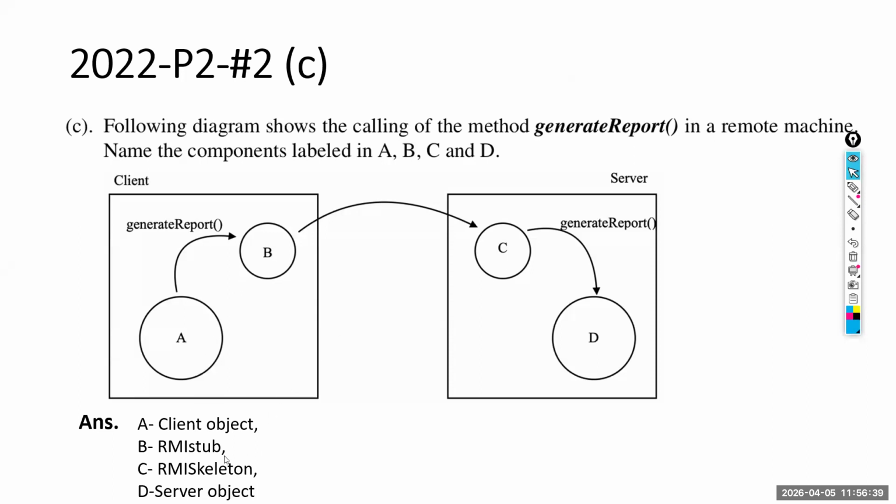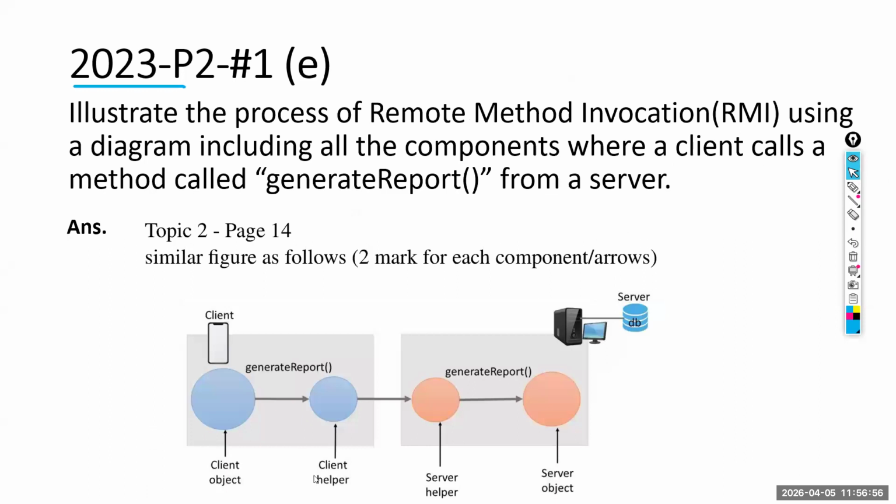The examiners use the word RMI stub. So that's fine, right? But if you just mention it as stub, client stub, you should get the marks. This is in the 2022 paper, examiners use the word RMI stub. But in the previous one, right, it says client helper. You can see even the examiner is not using the same words.